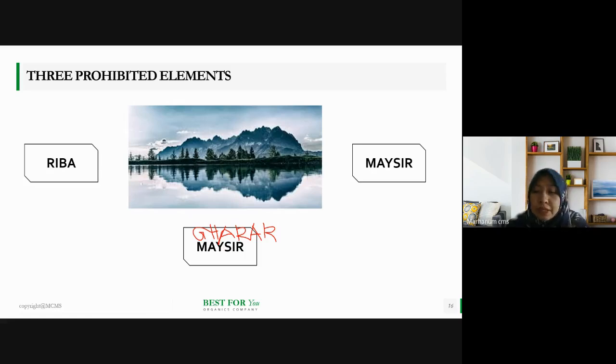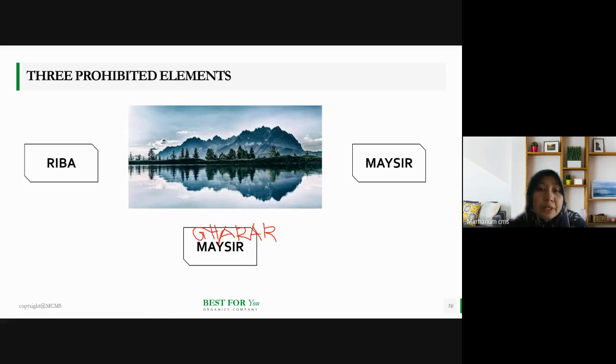When they choose buy and sell contracts, there are elements of price, so they are free to determine what price they want to put. But price in Islam, when we want to set a price for our goods or product that we want to sell, must consider certain elements that we call inward.